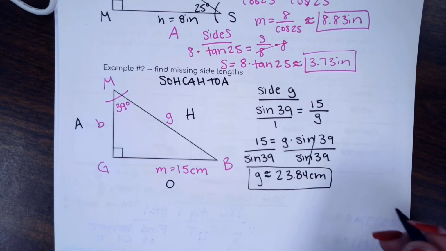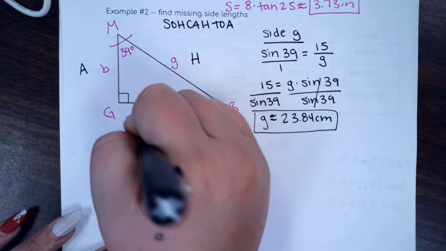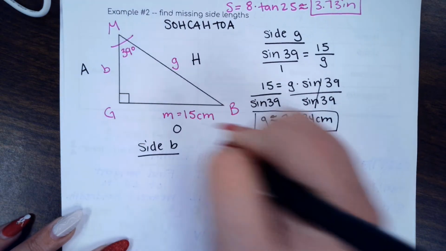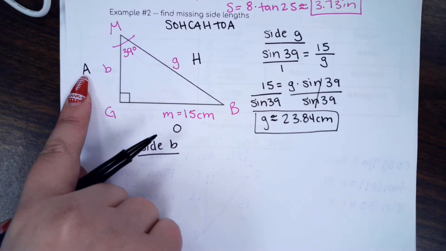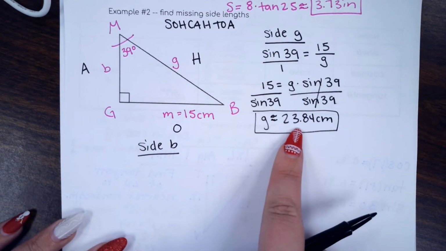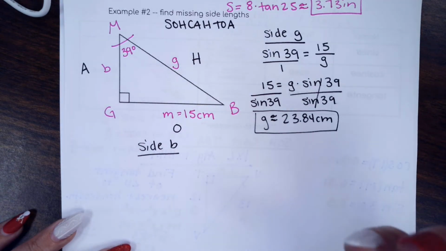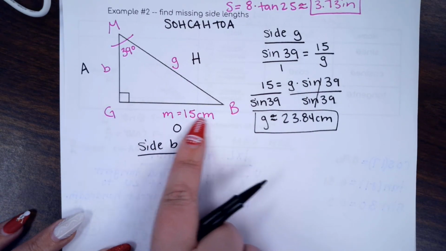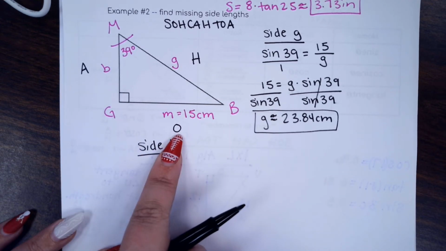All right. And then we want to also look for side B. So side B is our adjacent side. And again, we don't want to use side G that we just found because that's rounded. We want to use an exact value if we can, which we can because we were given that M equals 15. So our opposite side is 15.